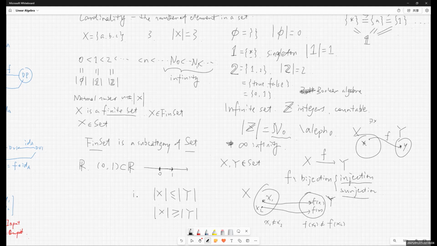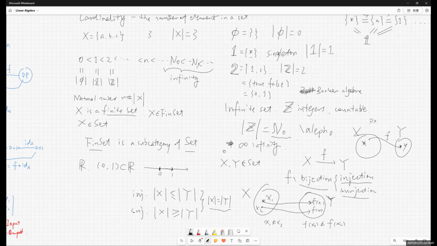This one is injection, and this one is surjection. You can prove that as homework. It's not too hard to prove. So injection means less than or equal, surjection means greater than or equal. So if we have a bijection satisfying injection and surjection simultaneously, that means X and Y must have the same cardinality.